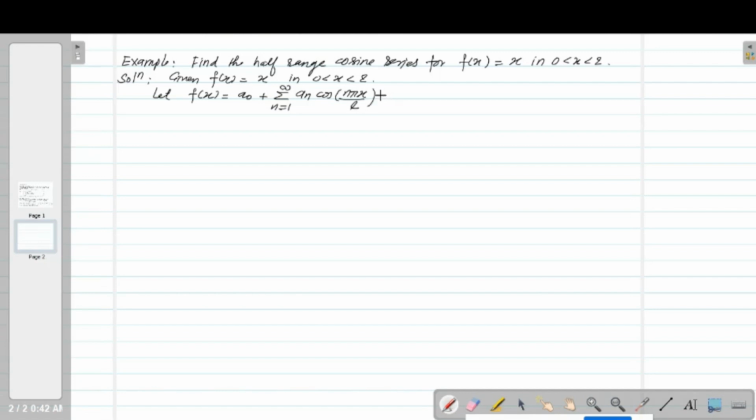We require the half range cosine series.